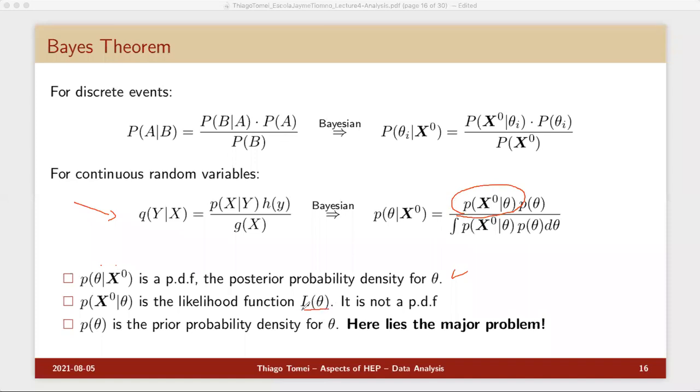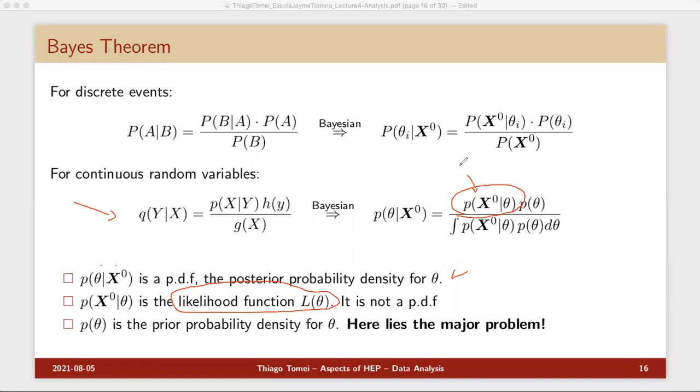It's what's called the likelihood function. And you can see this because this thing does not integrate to 1. Remember, probabilities have to add up to 100%.